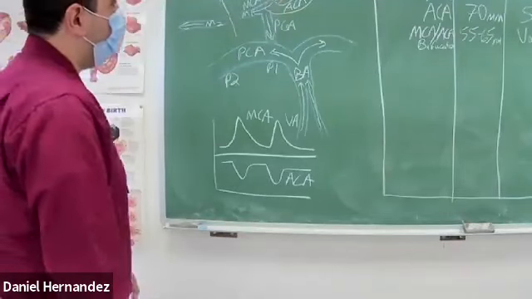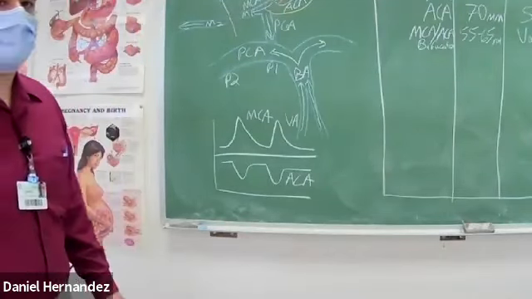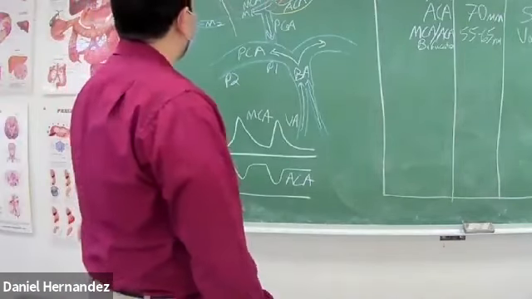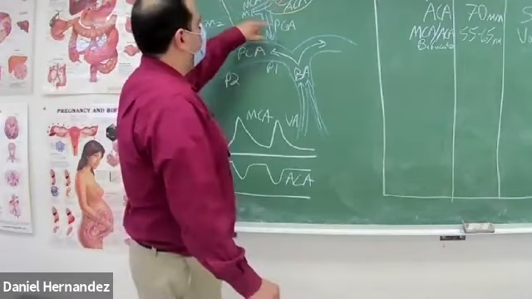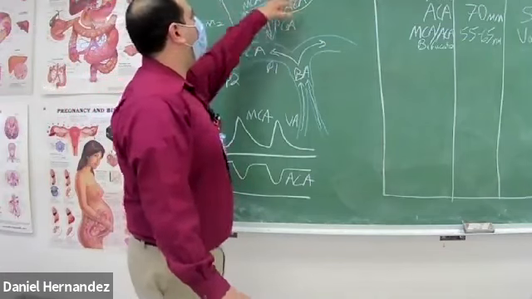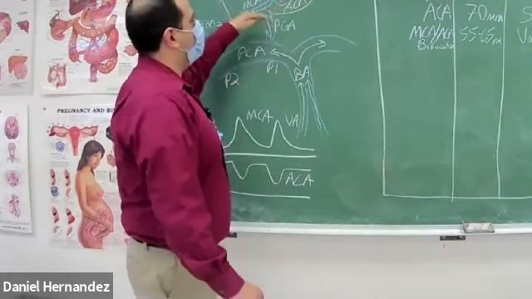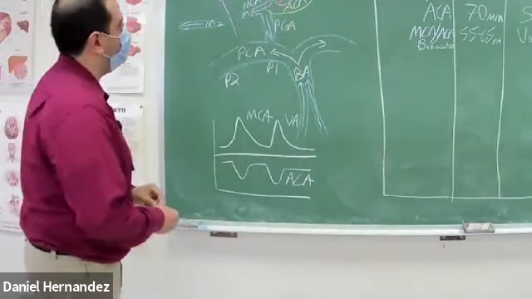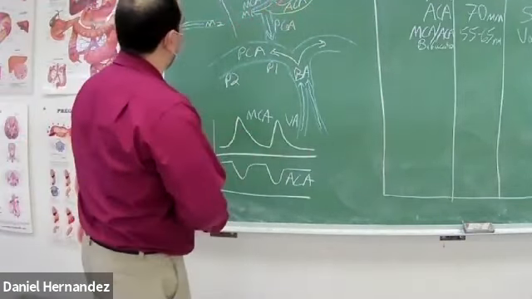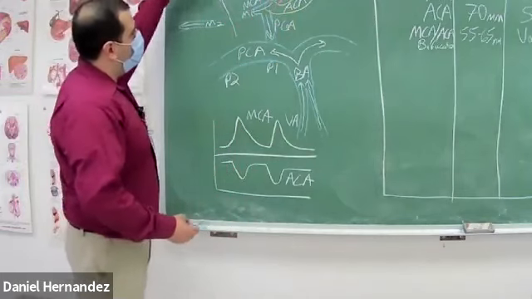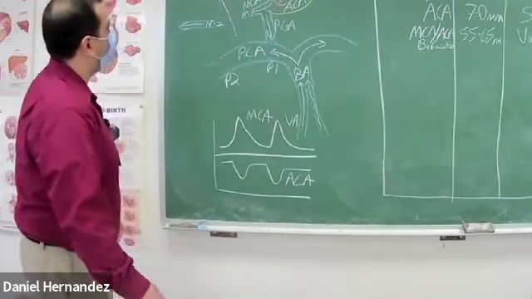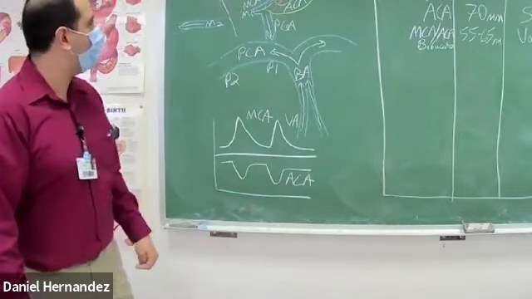So typically you would use that as your reference point to begin your imaging. Then you'd know to angle or scan deeper and come more anterior to image your anterior cerebral artery, and angle more posterior with a shallower depth to image your middle cerebral artery.